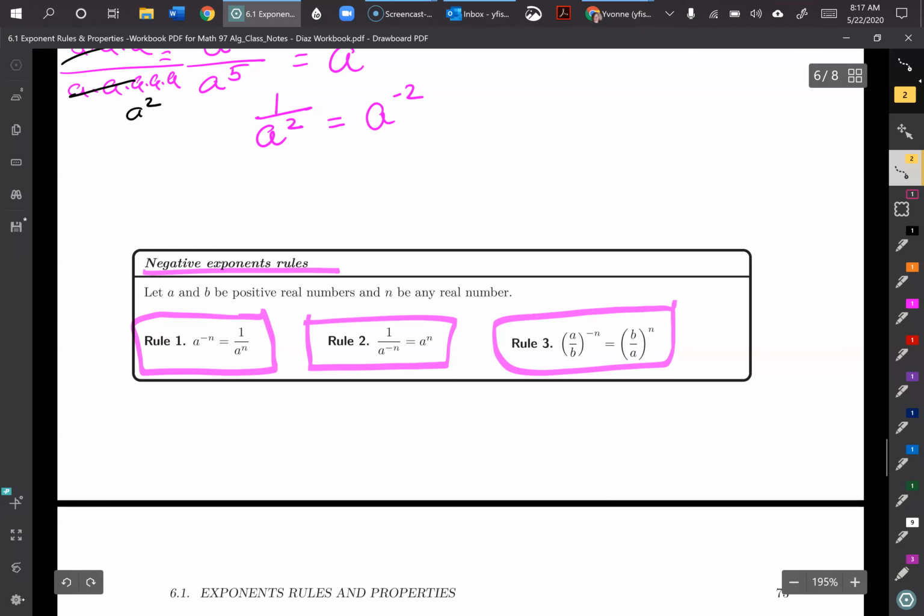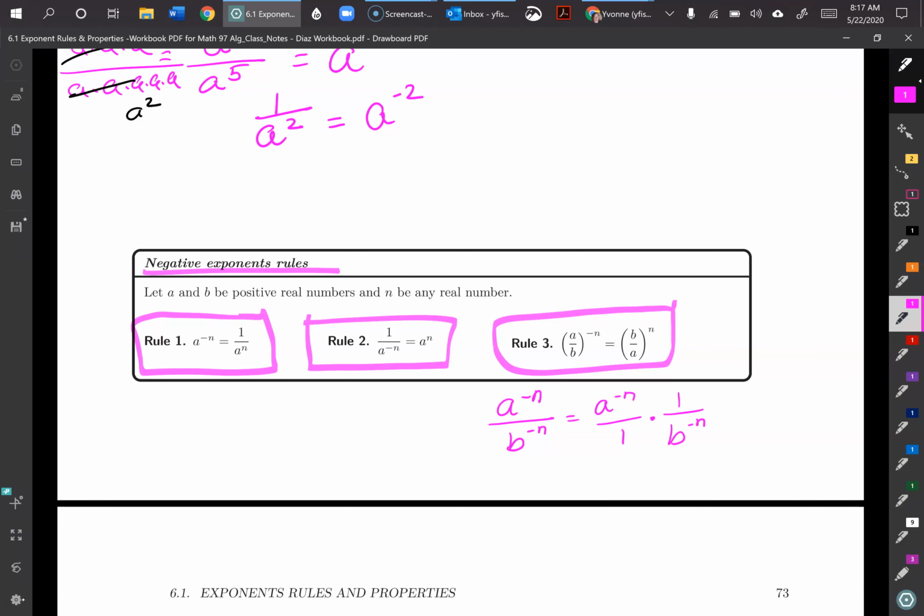Rule 3, we can actually flip around. So if we have a over b to the negative n, that is really the same as saying a to the negative n over b to the negative n. I could actually split those up to be a to the negative n over 1 times 1 over b to the negative n. It's kind of a long way around just to show you. And then a to the negative n, I could use this property over here, right?